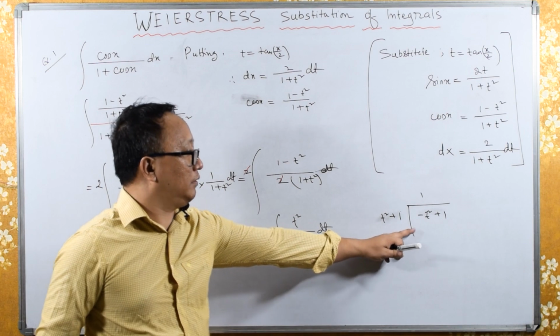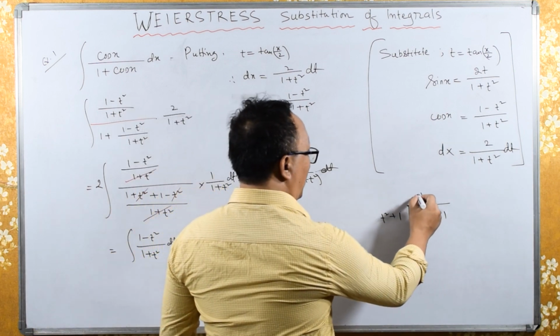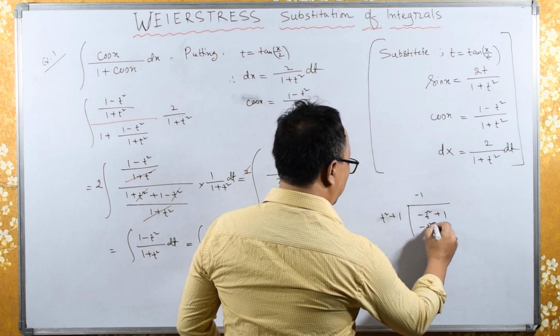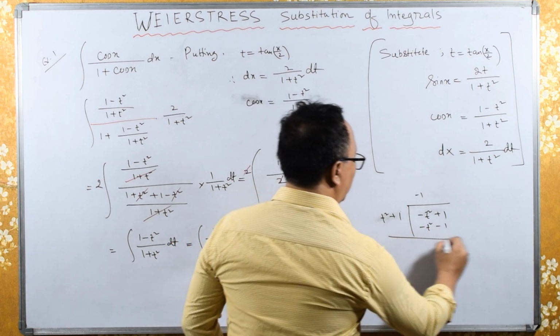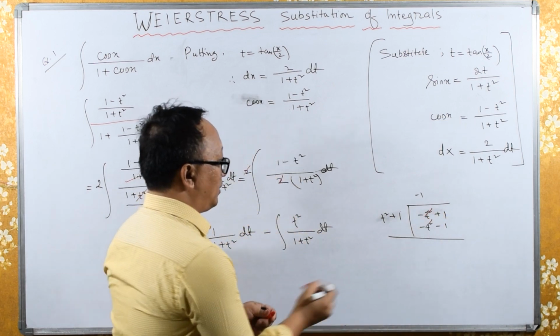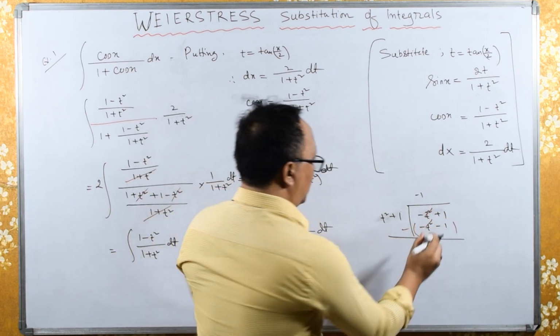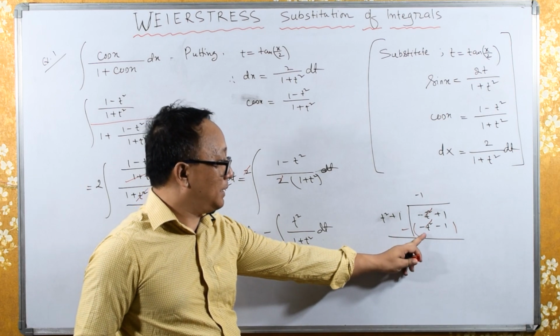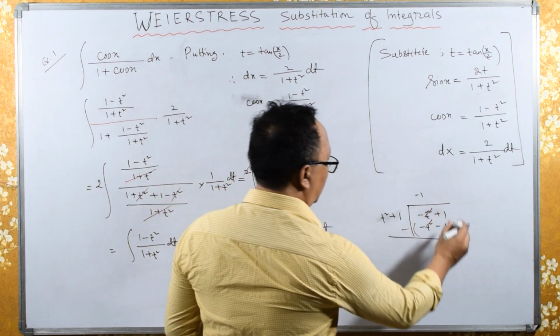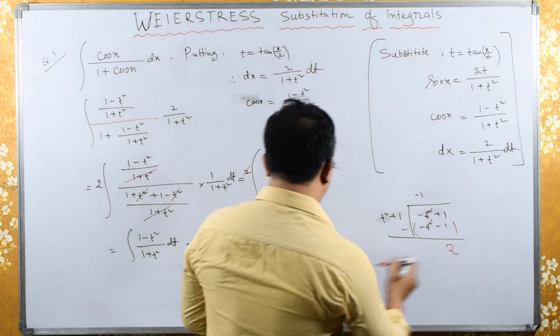Now if you want it to get cancelled, you have to multiply by minus. Here you will get minus t square minus 1. Here these two get cancelled, because minus and minus gives plus. Here we have 2.